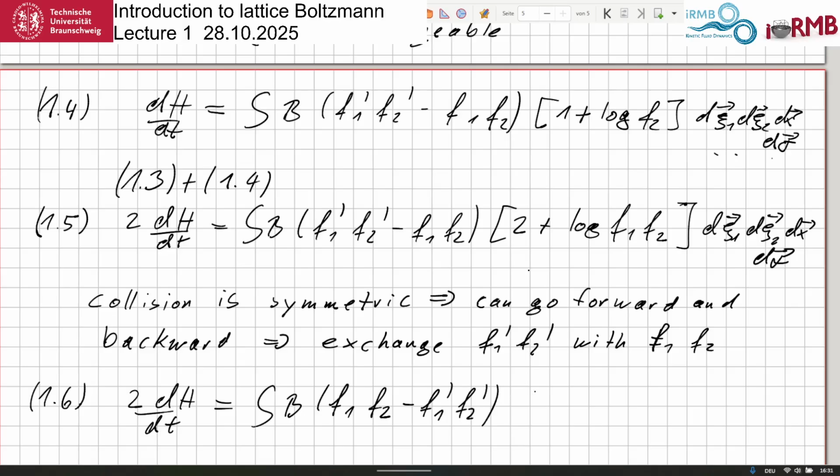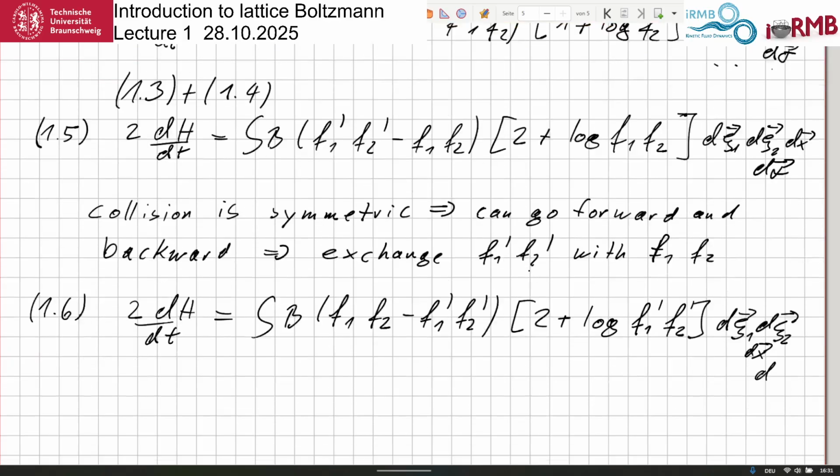The loss term becomes the gain term, and we have the post-collision ξ1', ξ2', x and σ. So now we have it backward and forward, and what we do next is we take 1.5 and add 1.6.